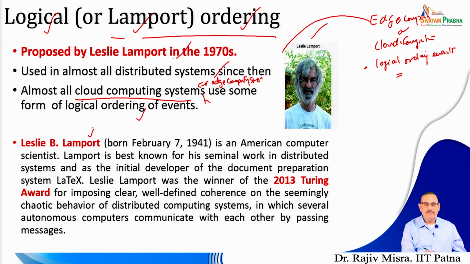Now, there is a brief biography of Leslie Lamport, who got the highest award in computer science, the 2013 Turing Award. Leslie Lamport was the winner of the Turing Award for imposing clear, well defined behavior on the seemingly chaotic behavior of a distributed system, in which several autonomous computers communicate with each other by ordering the messages, and his work on logical ordering was recognized as the best work.